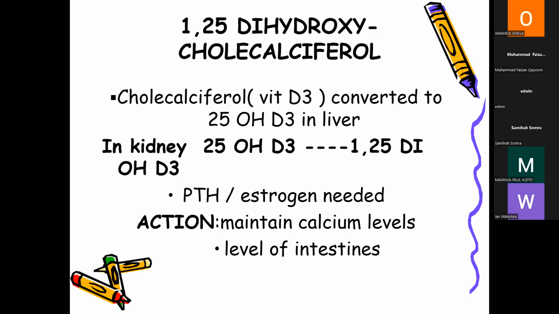What is the function of 1,25-dihydroxycholecalciferol, which is the most powerful vitamin D that you're going to come across in the body? It maintains calcium levels. How does it do this? Where does it work to do this? That hormone travels to the small intestines and increases reabsorption of calcium. So that is what it does.